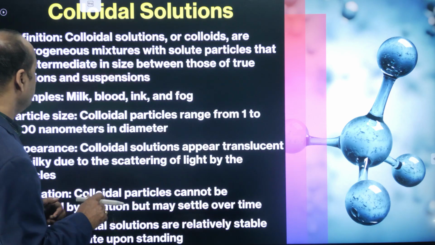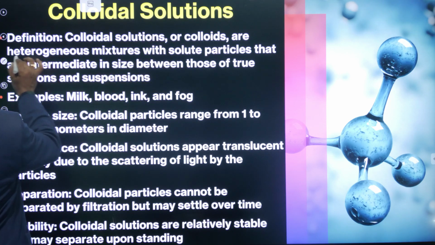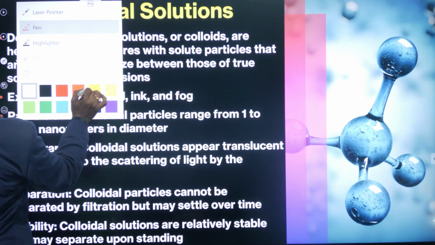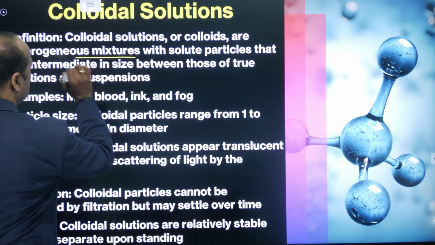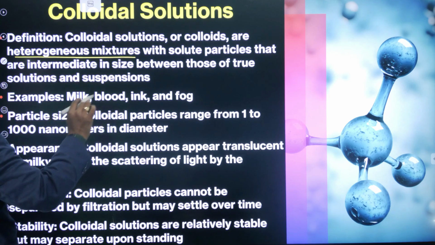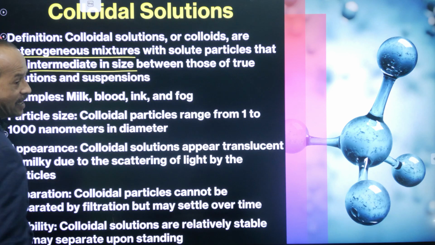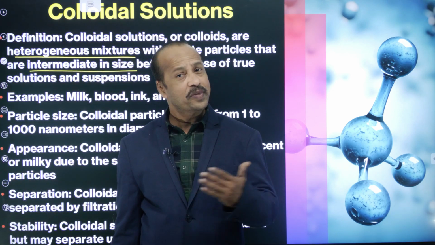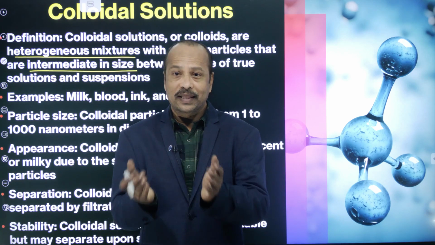So here you see colloidal solutions or colloids are heterogeneous. See students, this is a very important point. What you need to remember is they are heterogeneous mixtures, and the solute particles are intermediate in size. Intermediate means not so small as in the true solutions, and not bigger than the suspensions.